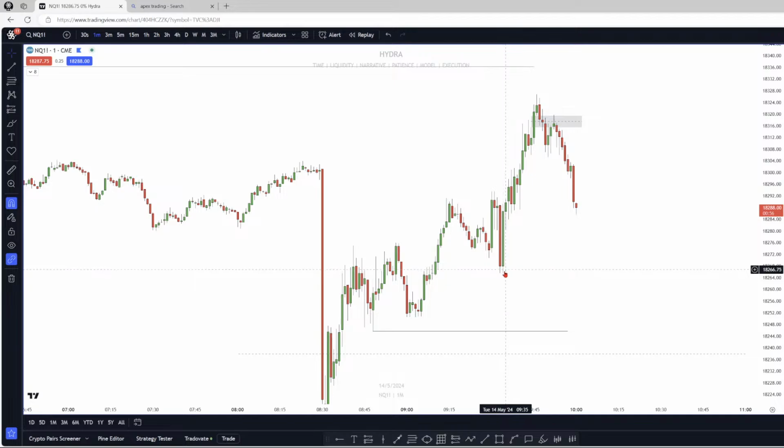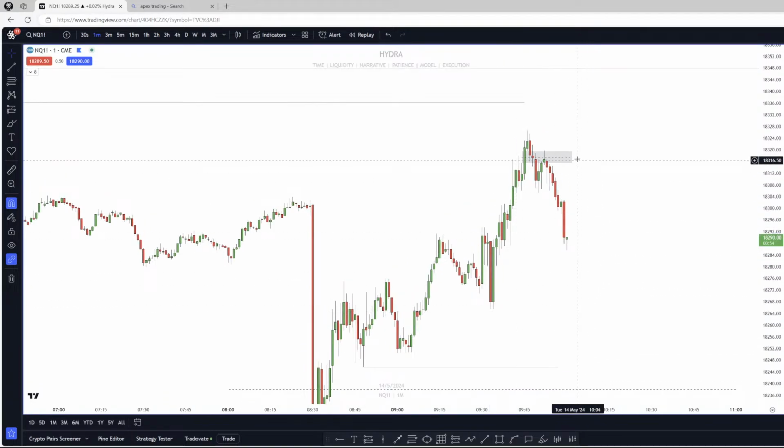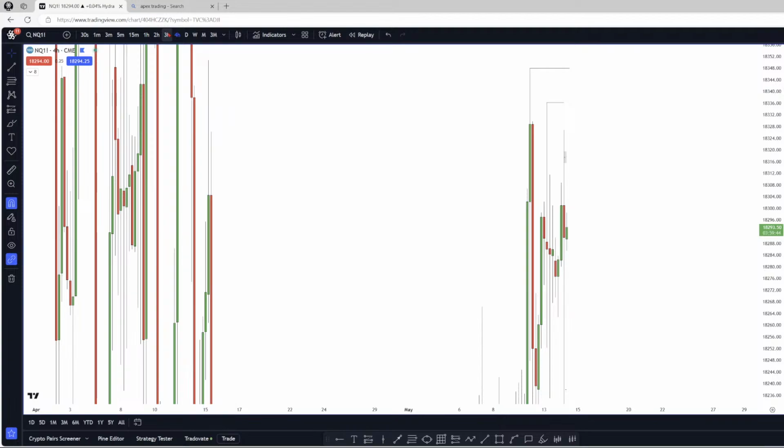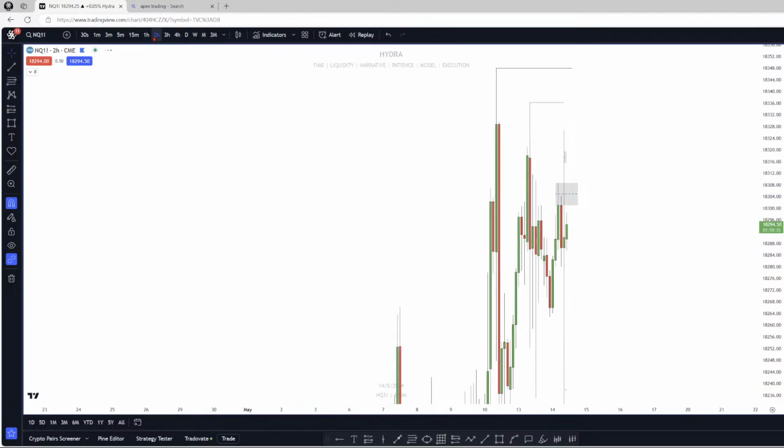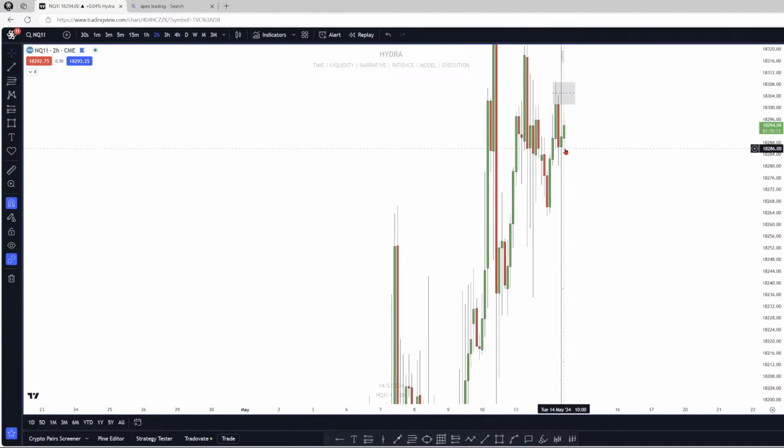Come on, let's take us down here. A new 4-hour candle, new hourly candle. So I'm expecting rejection as soon as we hit this level on the 4-hour and hourly chart. Same thing. And we have a big gap on the 4-hour chart.